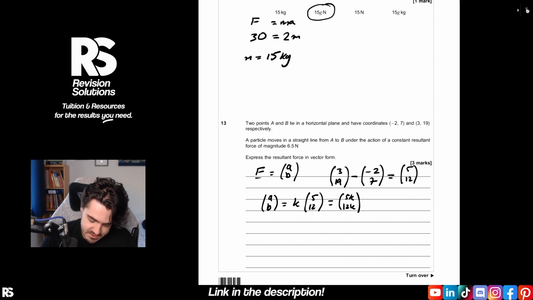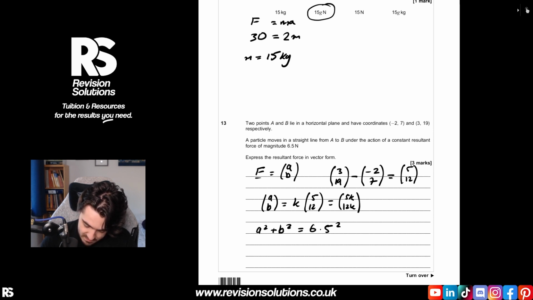Then the other piece of information is that the magnitude is 6.5 newtons. So if we take the length of the vector, it must come out as 6.5. So we can do that with Pythagoras to set up an equation. So a squared plus b squared must equal 6.5 squared. And then for a and b, we can use 5k and 12k.